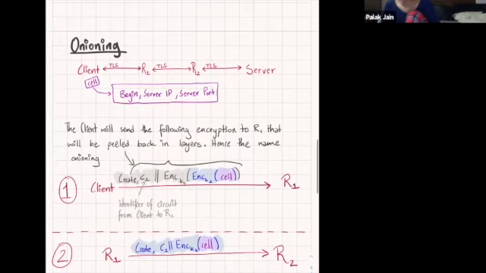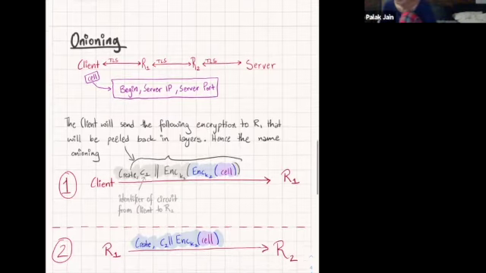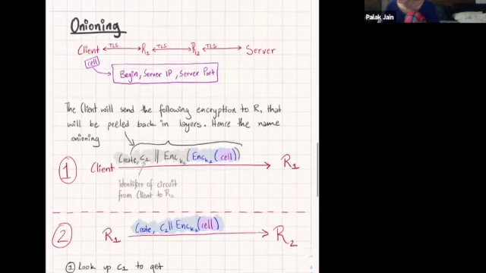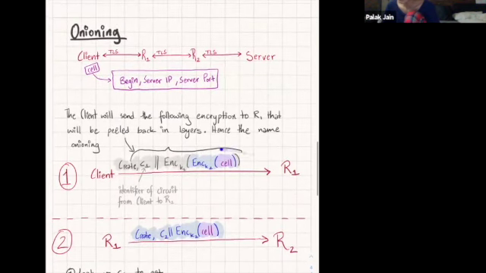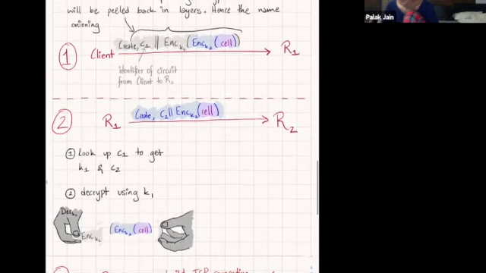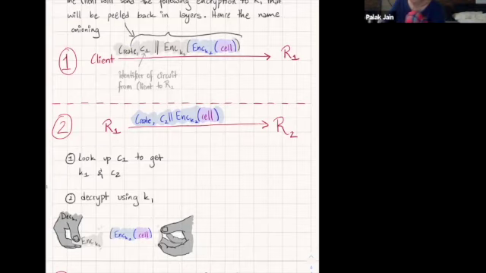If the client is trying to connect, this is what the connection looks like. The client is going to go through R1 and R2 to get to the server. The client will send this sort of an encryption to R1. This is onioning because there are different layers of the encryption that get peeled off one by one. First, the client is going to send this to R1. And then what is R1 going to do? It's going to look up this C1 to get the key and C2.